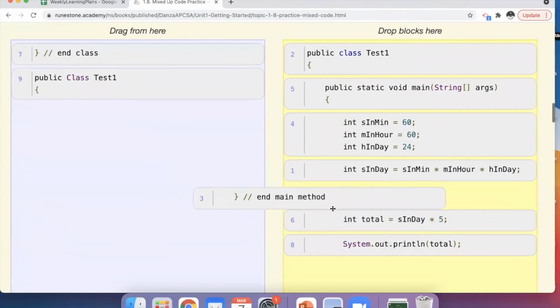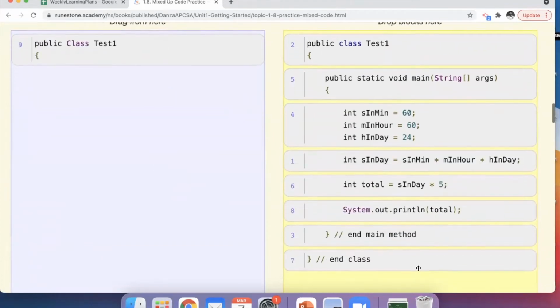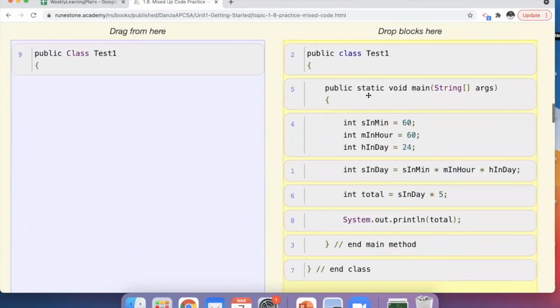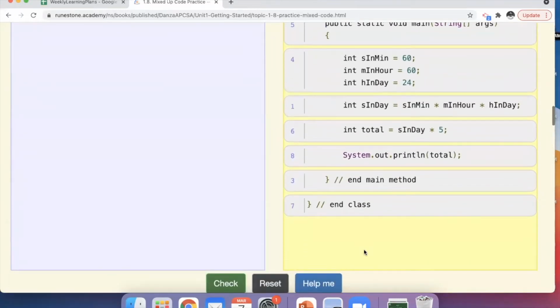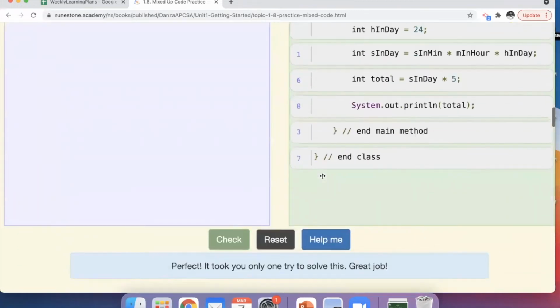We're going to close our main method, and then we're going to end our class. So walking through it, our main method inside our class, we declare our variables, we initialize them. We then did some calculations using multiplication. We then multiplied it by 5 for the number of days, 5 days. We printed it out, and then we closed our main method and end our class. Let's check and see if I'm right. Looks like I got it right. All right.